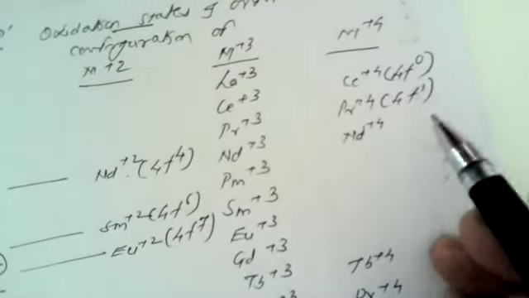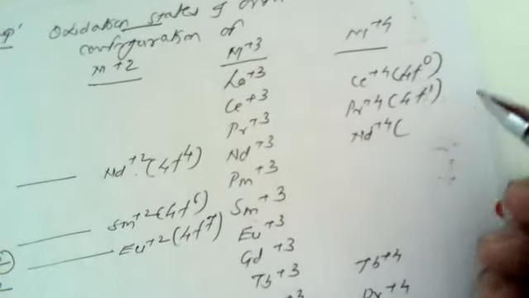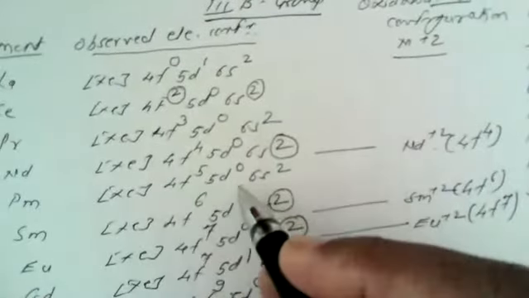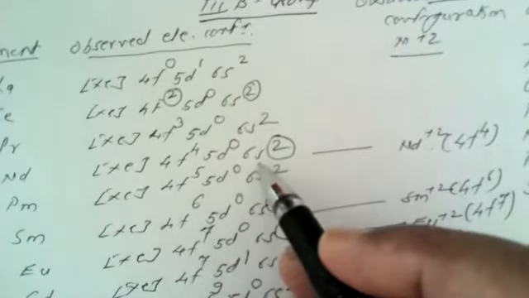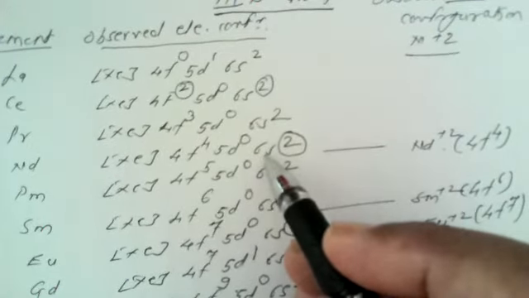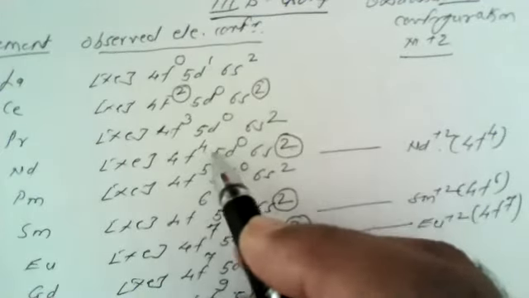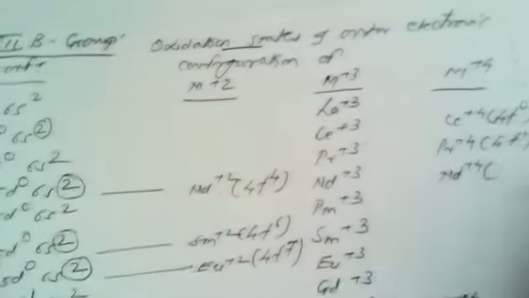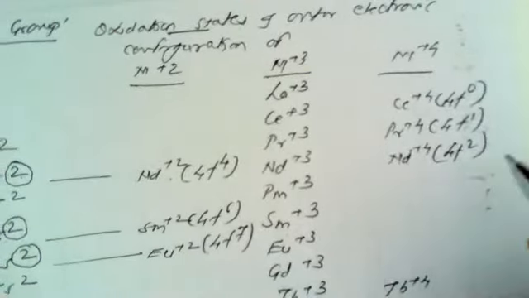Now if you have written, come to next element, neodymium. Neodymium plus 4: see this electronic configuration of neodymium, 4f4, 5d0, 6s2. So if neodymium has to show plus 4 oxidation state, then it has to lose 2 electrons from 6s and 2 electrons from 4f. Remaining electrons will be 4f2. So you have to write this as 4f2.